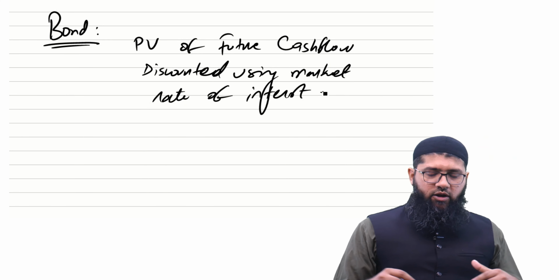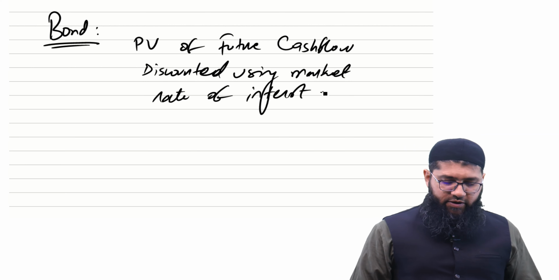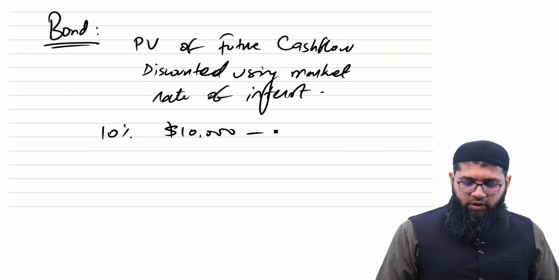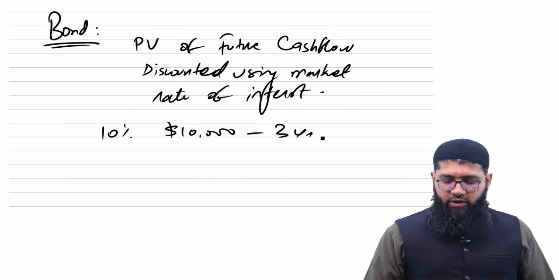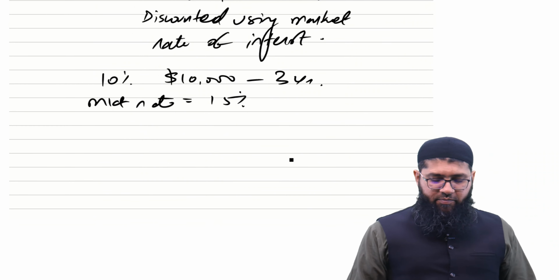How would you calculate all of this? Present value of future cash flows discounted using the market rate of interest. So if it's a 10%, 10,000, 3-year bond, and the market rate is 15%, what are you going to do?